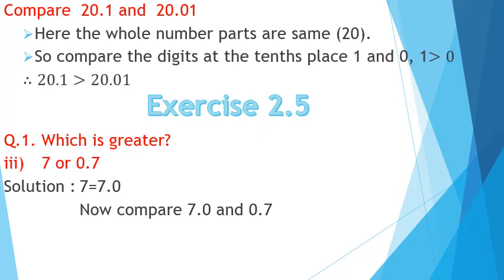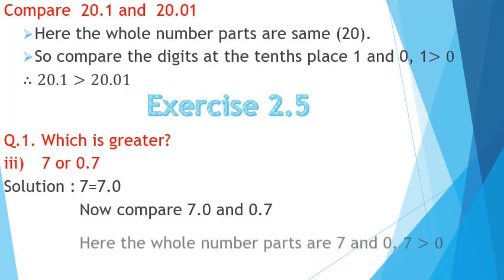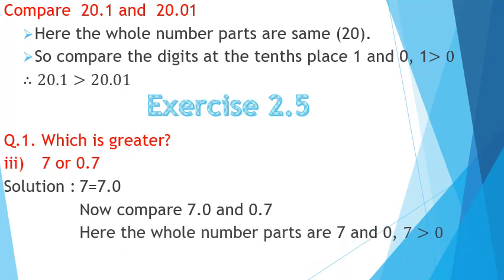Our first step is compare the whole number part. Here the whole numbers are 7 and 0, and 7 is greater than 0. Therefore, 7.0 greater than 0.7. That is, 7 is greater than 0.7.